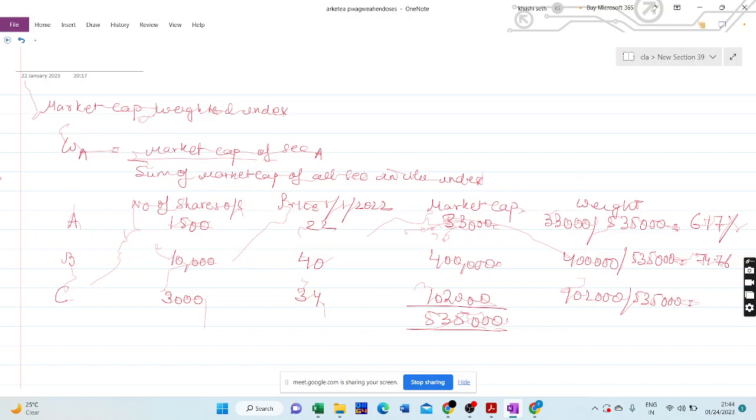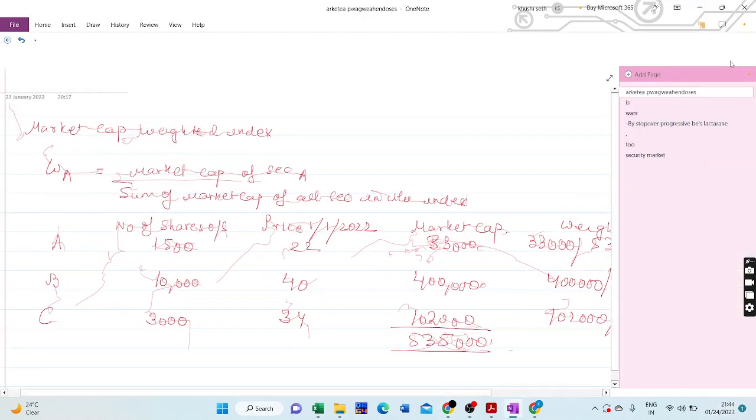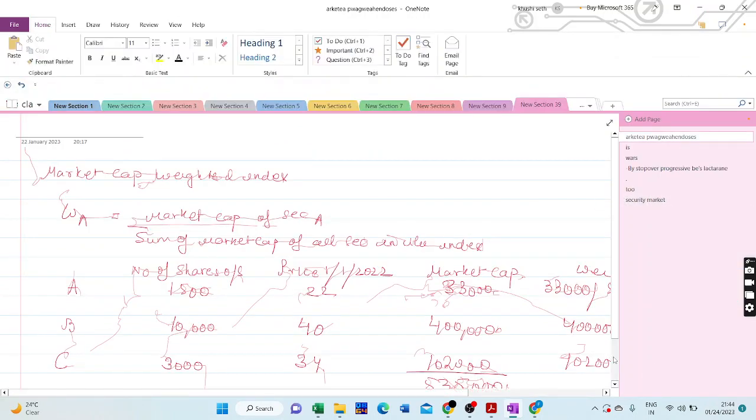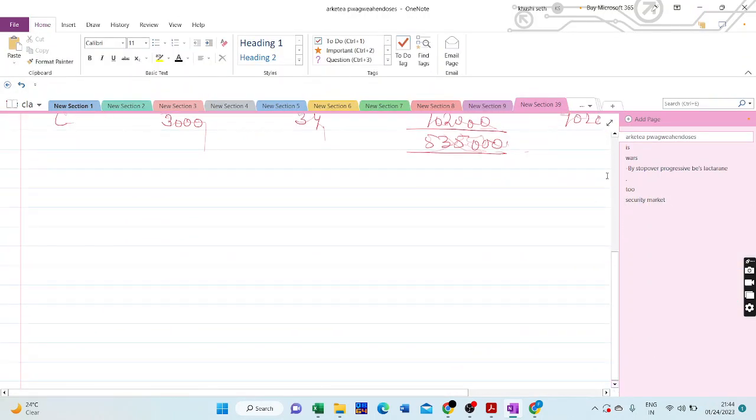Around 19.06. Right? So these would be the weights that we will allocate or assign to the returns of each of the stocks. Okay? So let me scroll down.